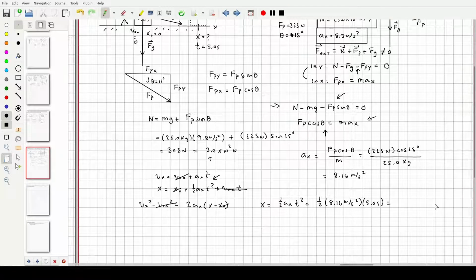So, excuse me. So this would be times that times that times that. I get about 102 meters, which to 2 sig figs ends up being 1.0 times 10 to the second meters, so we can actually preserve the number of significant digits.